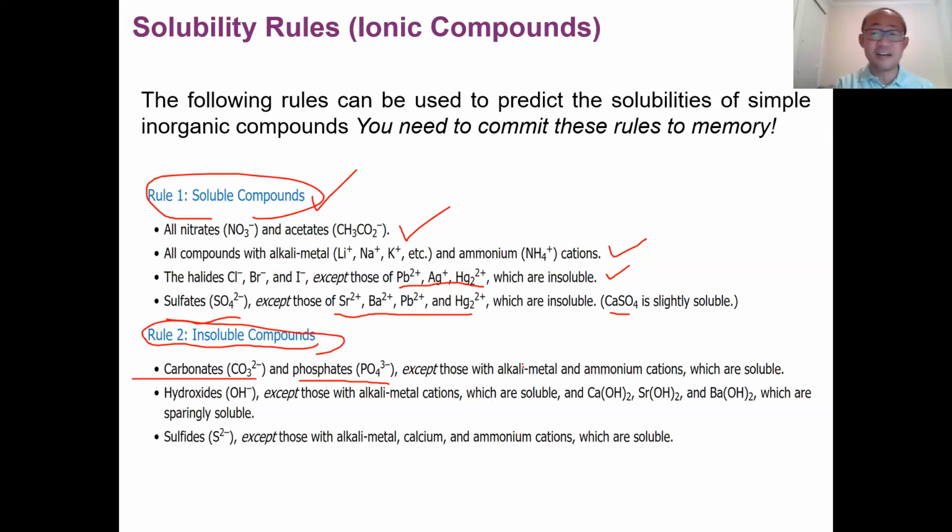Remember, we know these are always soluble. So these are exceptions for carbonate and phosphate. If you have one of the soluble ions, then they will be soluble. Otherwise, carbonate and phosphate are normally not soluble.